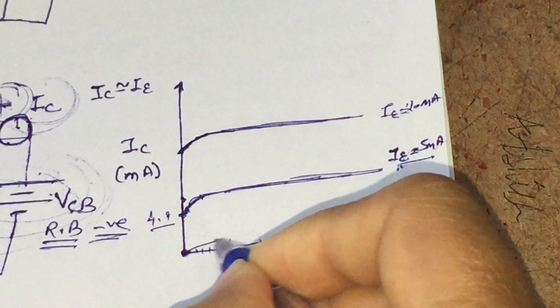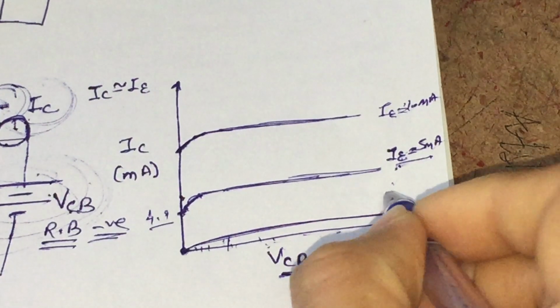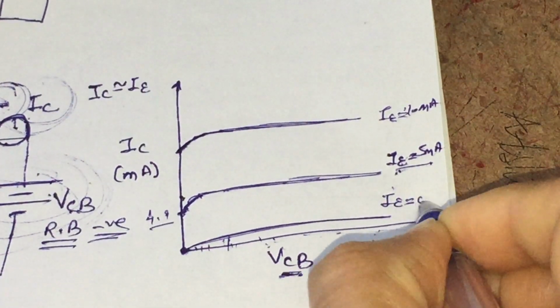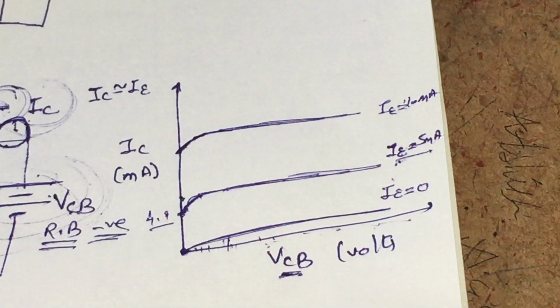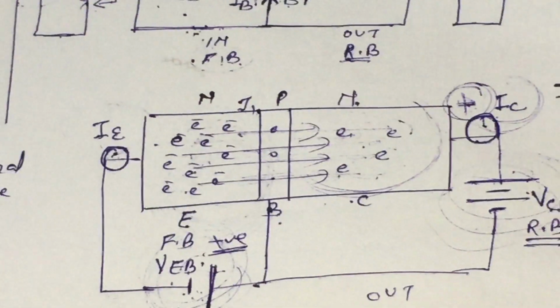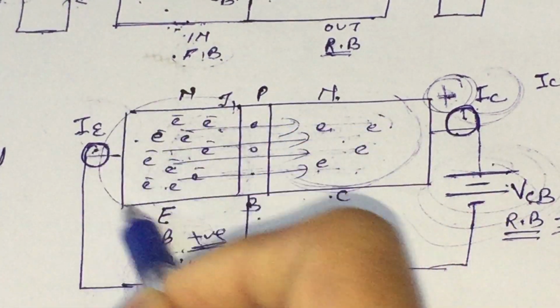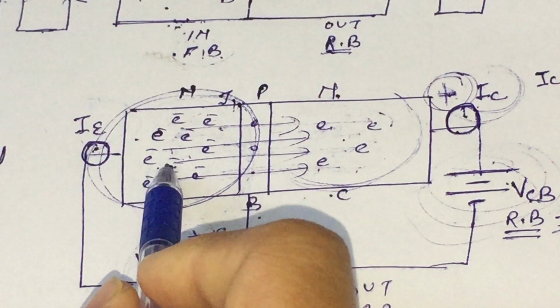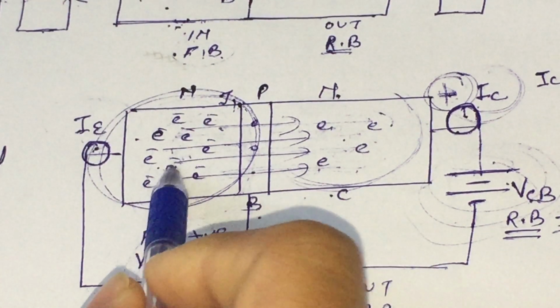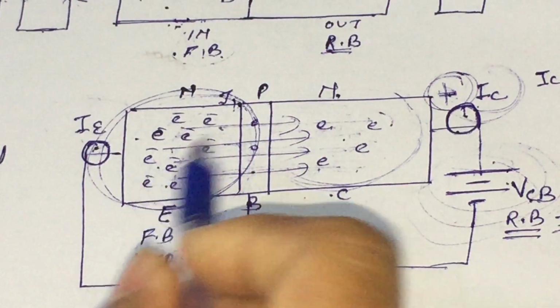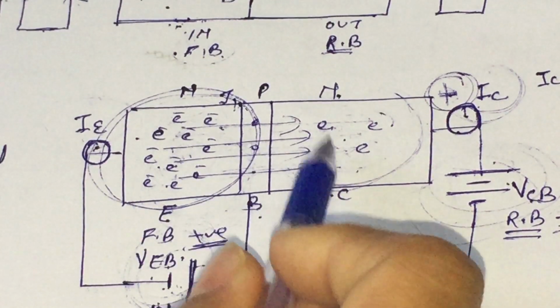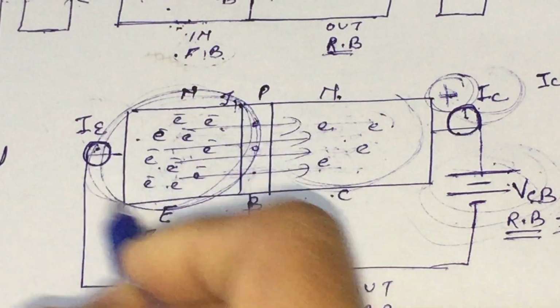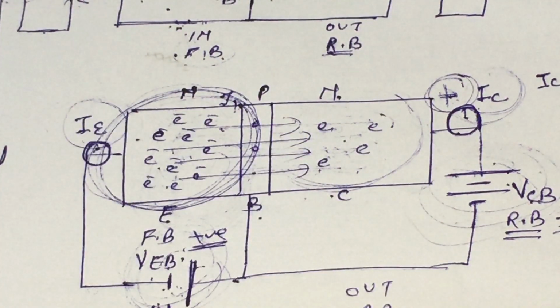Now, what will happen if we take our emitter current equal to 0? If the emitter current is 0, it means we have no electrons in this region, or these electrons are not going to move further in this region. It means IC is 0 if IE is equal to 0.